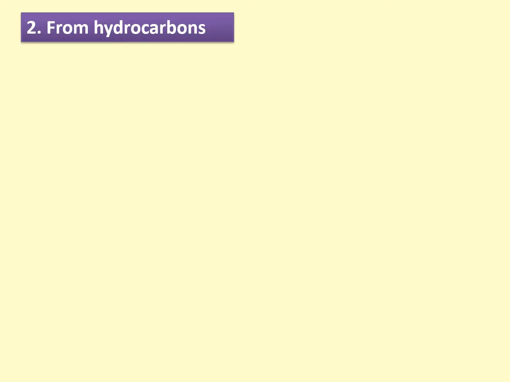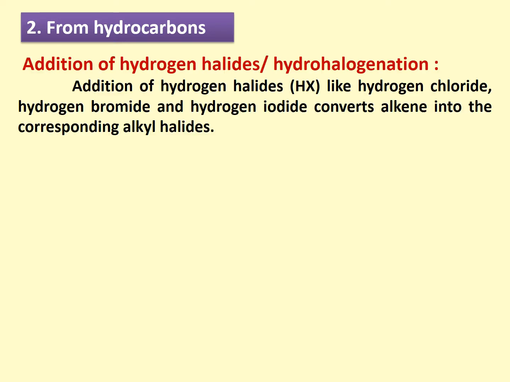Another way of preparing alkyl halides is from hydrocarbons. Alkyl halides can be obtained by addition of hydrogen halide HX to alkenes. Addition of hydrogen halides HX like hydrogen chloride, hydrogen bromide and hydrogen iodide converts alkene into corresponding alkyl halides.